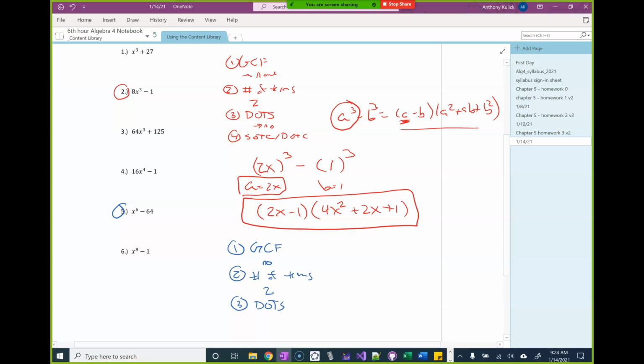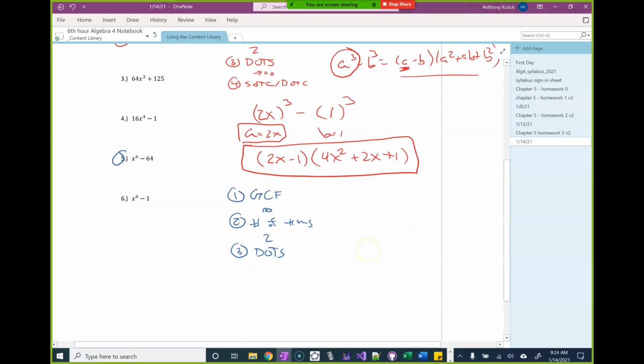So this is possibly a difference of two squares, because the variable part has an even exponent, right? So I'm going to try to write this as a difference of two squares. Okay, so if I think about x to the sixth, that's 6 x's, right? Everybody agree with that?